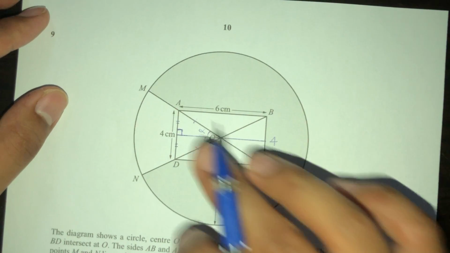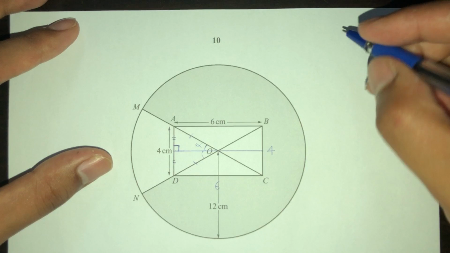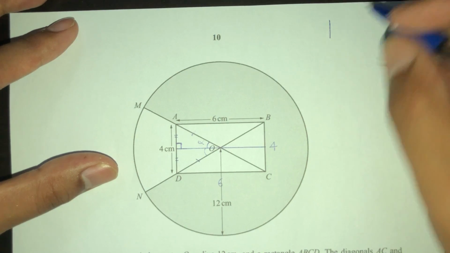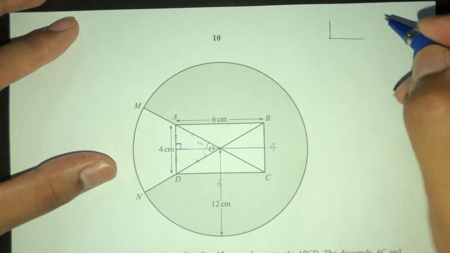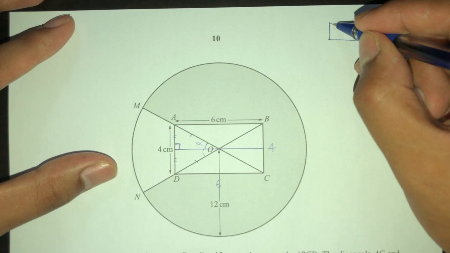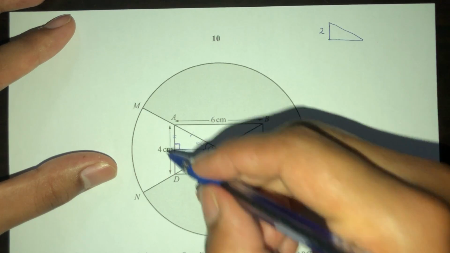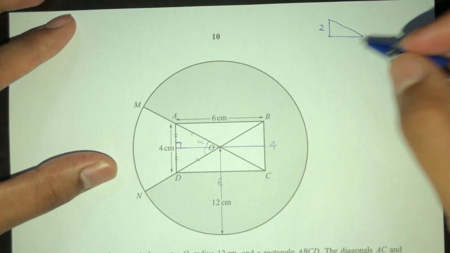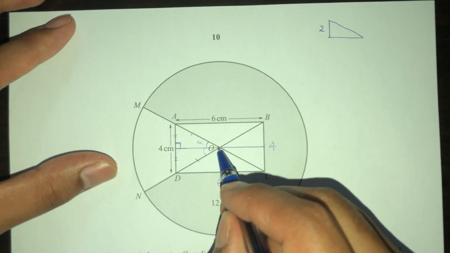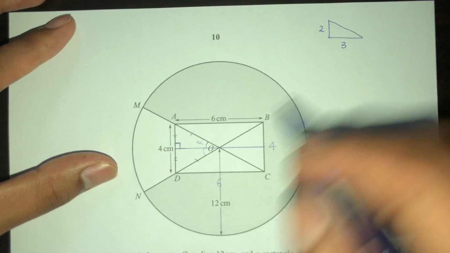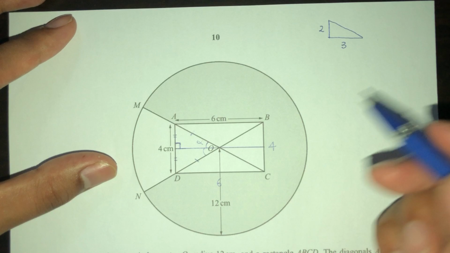Okay? So if you take out this triangle, you will have something like this. This is going to be 2, because this is 4, so half and half. And this is going to be 3, because this is 6, so half and half will be 3.